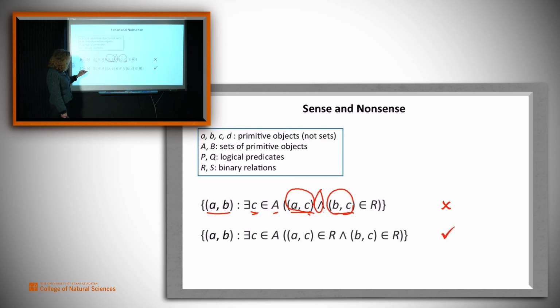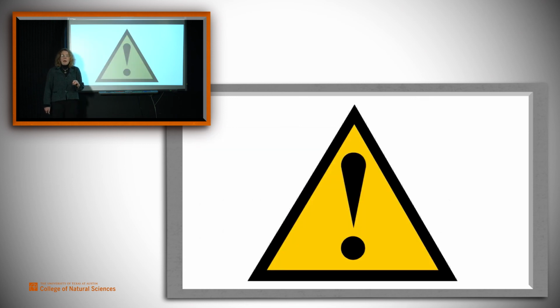Now what we've done is to say what we meant. An AB pair is in this set, just in case there exists a C that's in A, and AC is in R, and BC is also in R. Now we are anding logical claims. All right, so the moral is, be careful, use the notation correctly, and don't write nonsense.